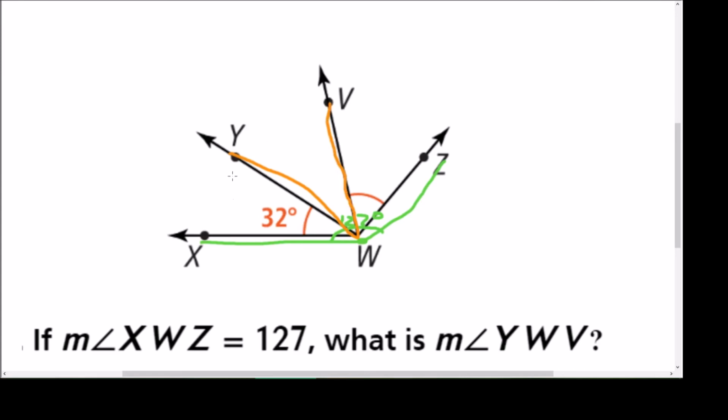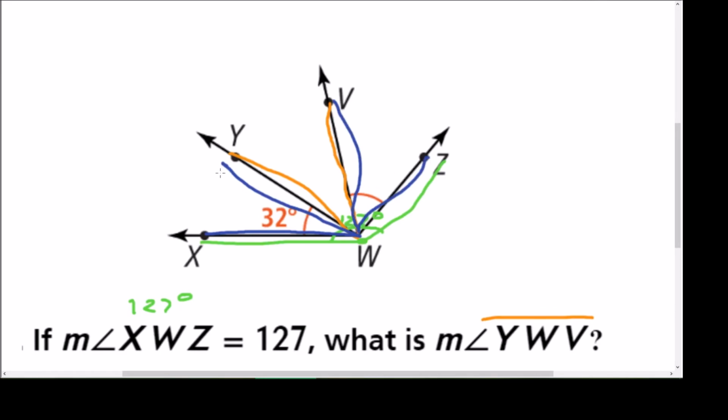So let's look at first, what do we know? XWZ is equal to 127 degrees, and that's the entire angle. And we're looking for this piece in the middle. And we also have the angles XWY and VWZ.